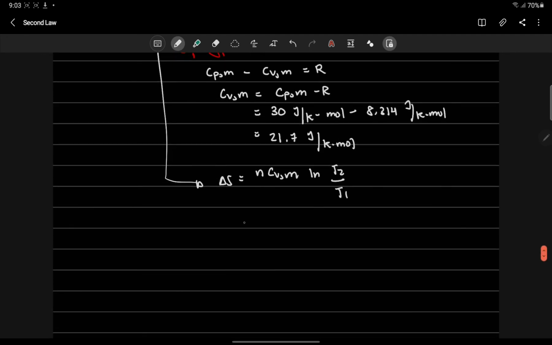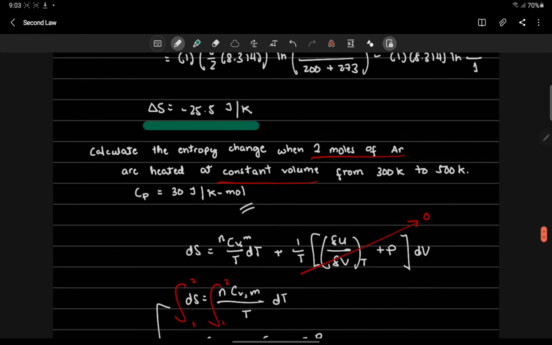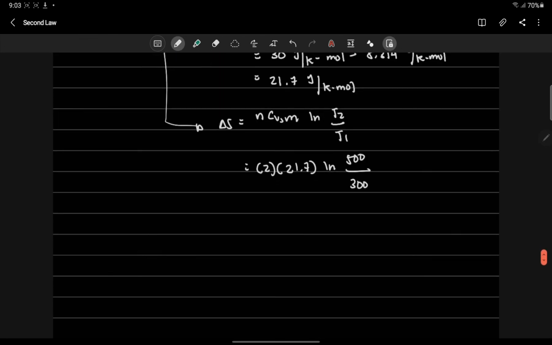Okay, so n is 2 moles. Cv is 21.7. ln of what's T2 and what's T1? 500 over 300. Is that right? Yes. So, let's do the calculation ng magiging delta S natin.